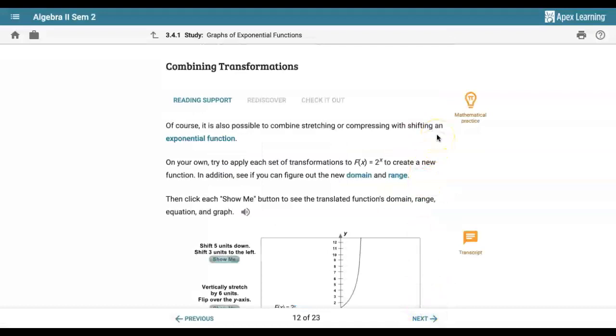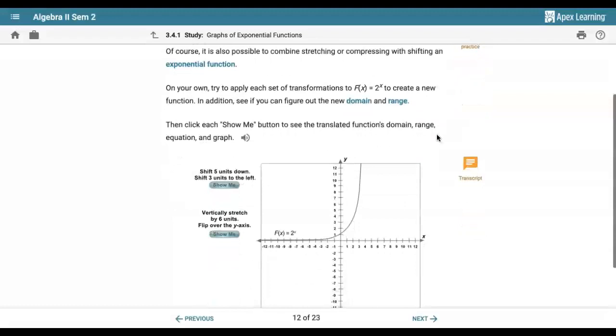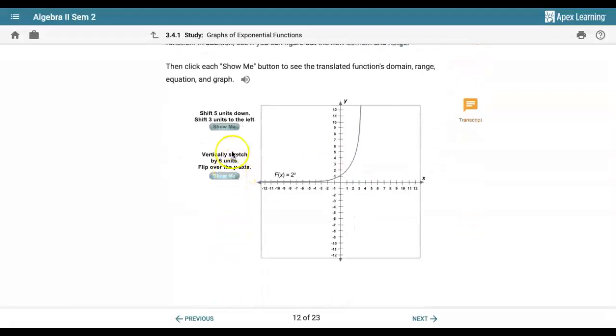And obviously we can put it all together here now. So again, refresher, I know we know how to do most of these, but I just want to look at this one. If we vertically stretch by 6 units and we flip over the y-axis, what we would do is vertically stretch up by 6 units, and then reflect or flip across our y-axis.